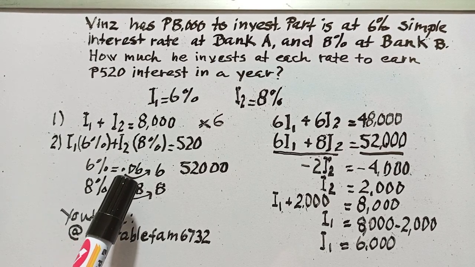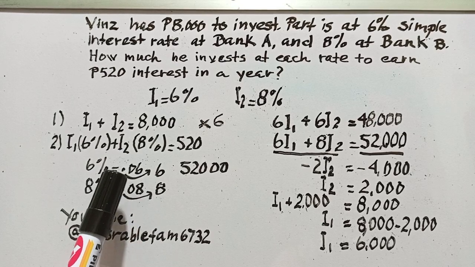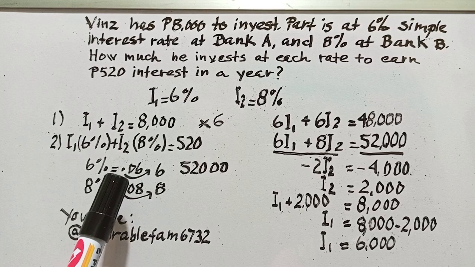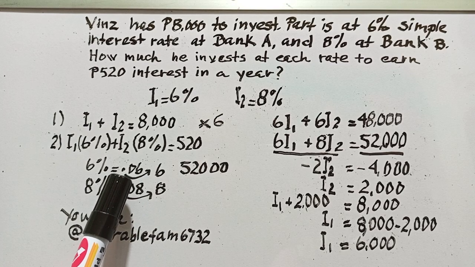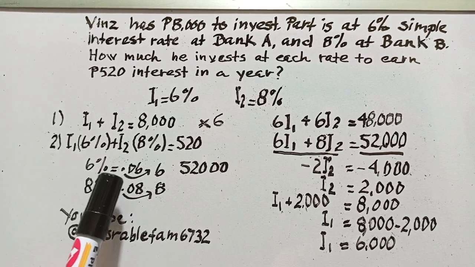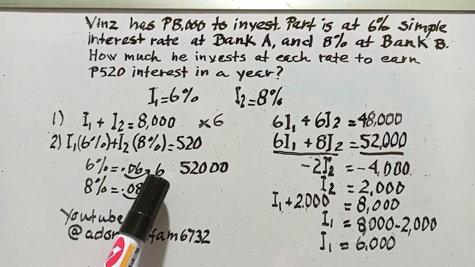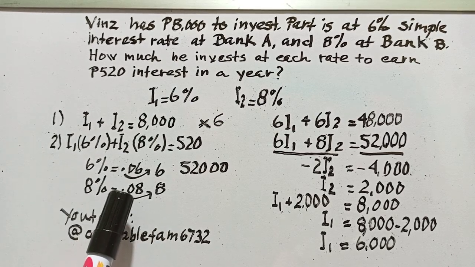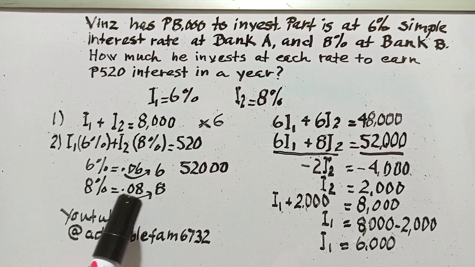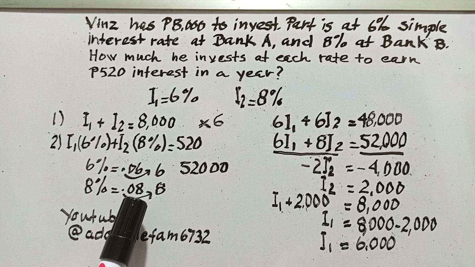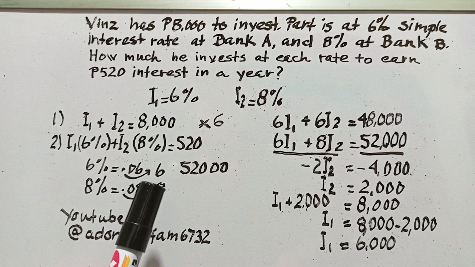Now, we know that to make this 0.06 into a whole number 6, we either multiply this decimal number by 100 or simply move the decimal point from the left to the right. So that becomes 6. So instead of multiplying this by 100, simply move the decimal point from the left to the right by 2 places, and then we'll have 8.